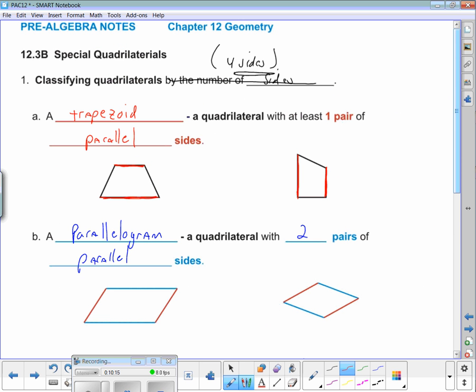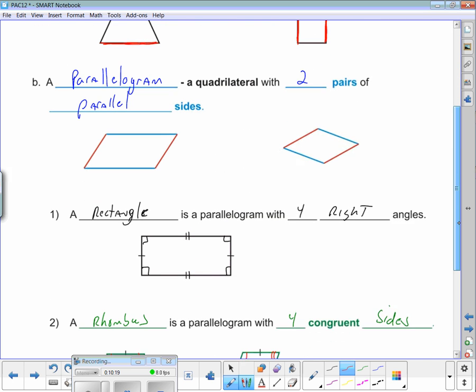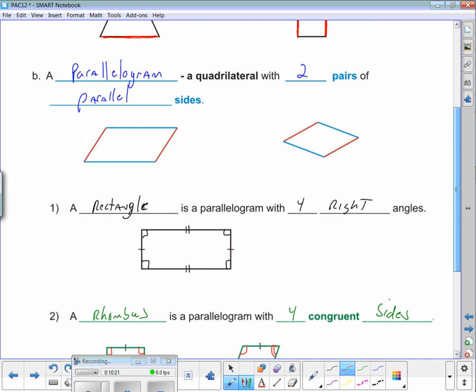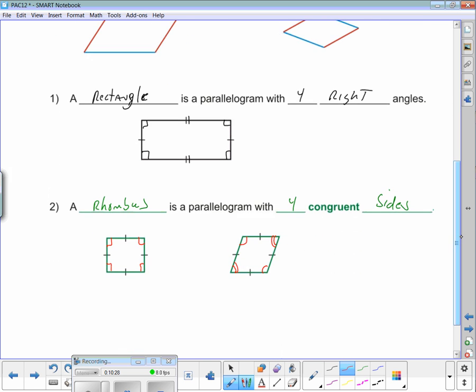Trapezoid, 4 sides, 1 pair of parallel sides. Parallelogram, 4 sides, both opposite sides are parallel. A rectangle is a special parallelogram with 4 right angles. Let me ask you this. Is a square technically a rectangle?